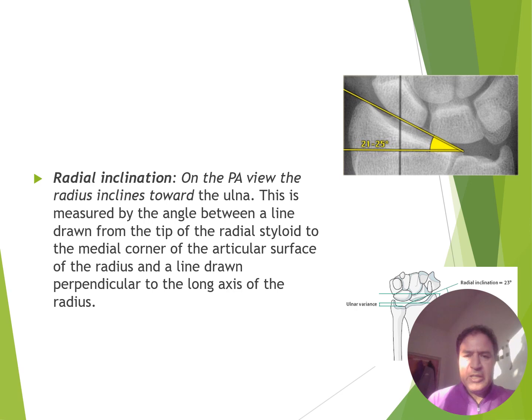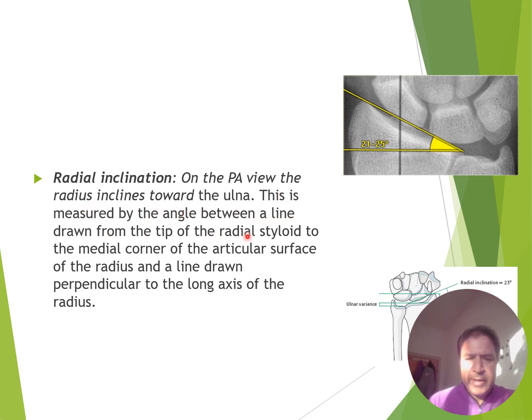Now the radial inclination. You can see this is the radial inclination line through the articular surface of the radius. On a PA view, the radius inclines towards the ulna.